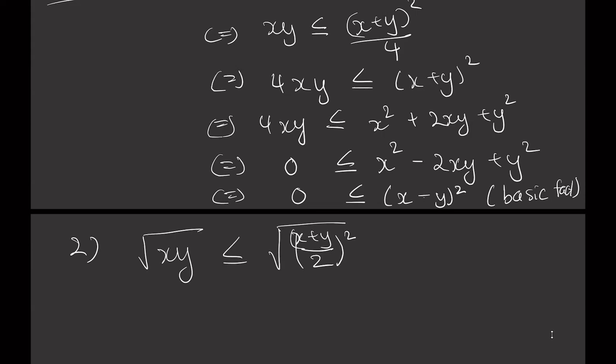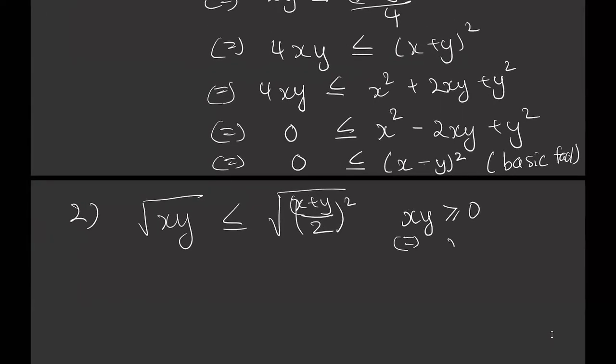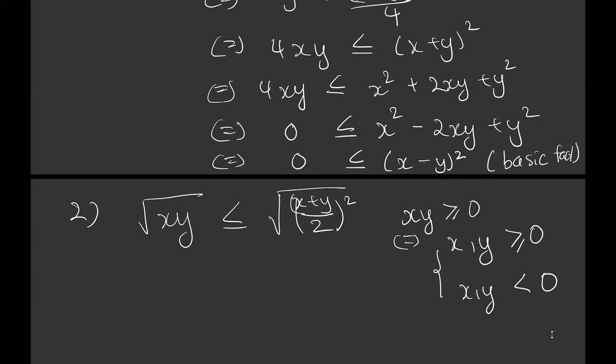Greater than or equal to 0, right? So if I want to take the square root of a, I have to make sure that a is greater than or equal to 0. Okay? So at this step, I know that xy has to be greater than or equal to 0, which means x and y have to be both non-negative or both negative.